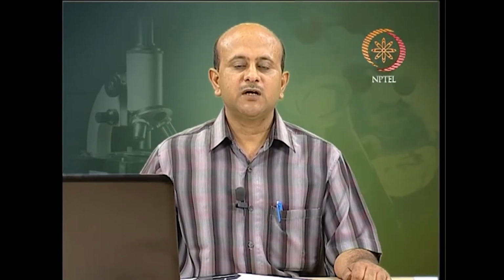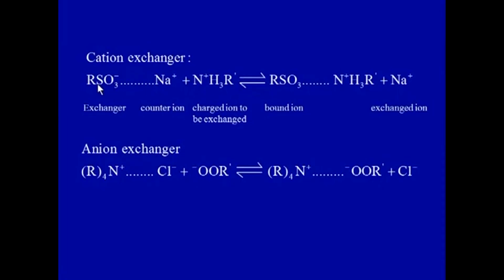Then comes exchange of ions at the exchanger site. This is thought to occur instantaneously and to be an equilibrium process. What happens is that a resin is interacting with a counter ion, and then the analyte or protein comes and replaces the counter ion, as in an anion exchanger, as it has higher affinity.